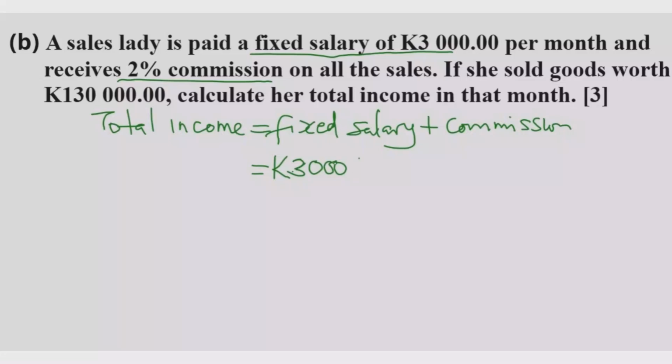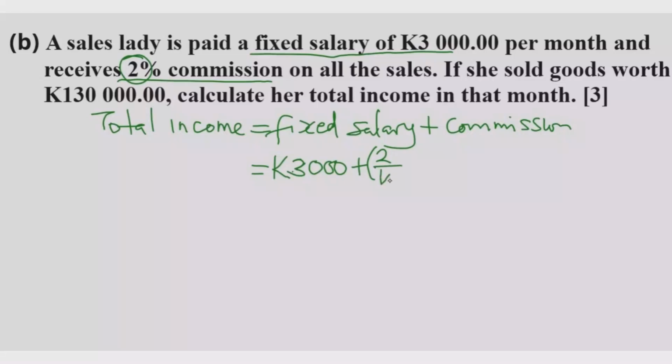And how much is the commission? Commission, we are told is 2%, but we are not given commission in kwacha. So we need to convert the percentage of the commission into the total amount earned as a commission. To do that, we are going to say open bracket 2, that is the value of commission, that is 2%.